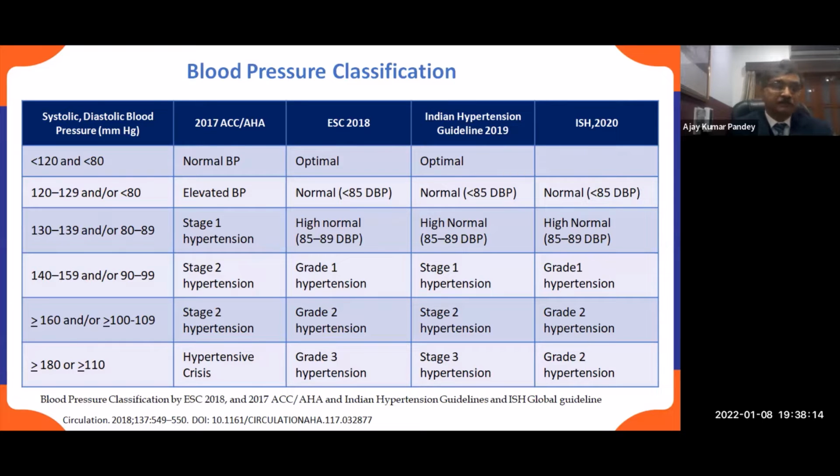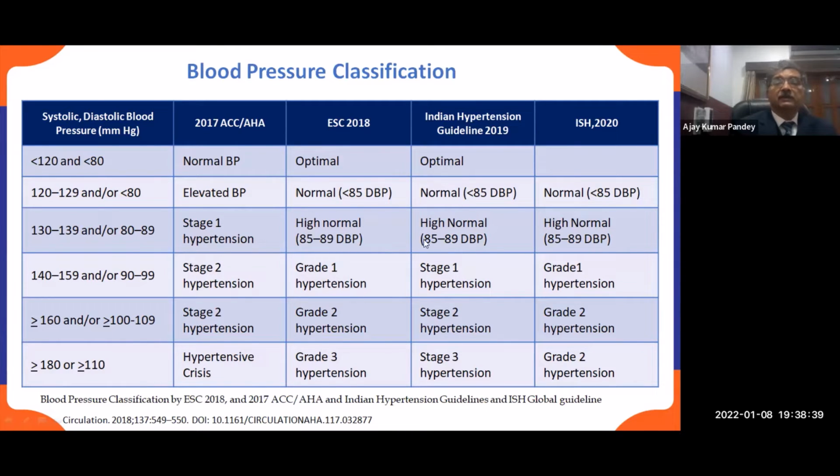But 140 to 160 and 90 to 99 is stage 1 for the European Society, stage 1 for Indian guidelines, and grade 1 for the International Society. But the American Society keeps it stage 2. They are a little more stringent, but I will prefer to follow the Indian Society guidelines.